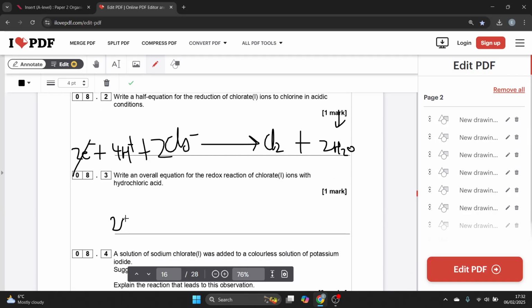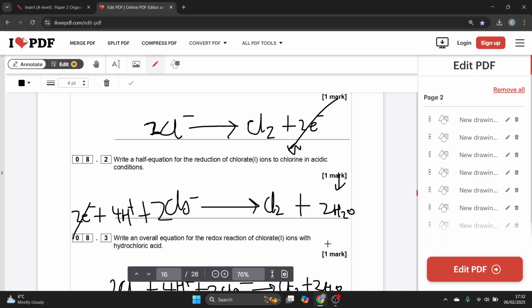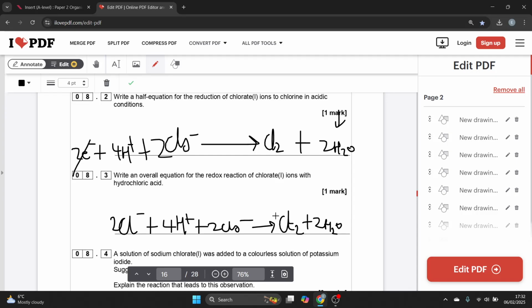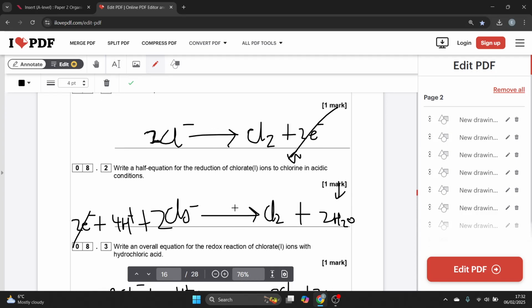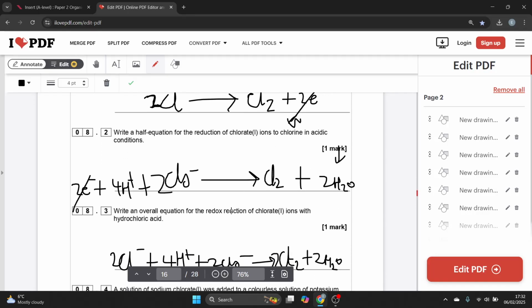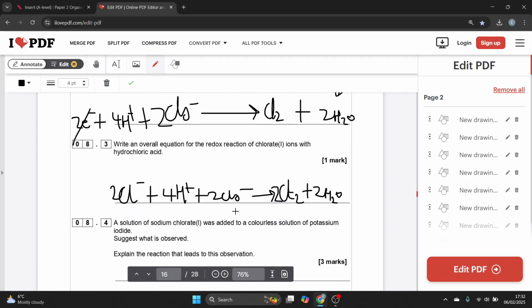So it's going to be 2Cl- plus 4H+ plus 2ClO- to form Cl2 plus 2H2O plus Cl2, so it's going to be 2Cl2. So 2Cl- plus 4H+ plus 2ClO- gives 2Cl2 plus 2H2O.